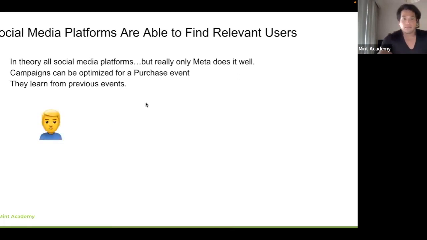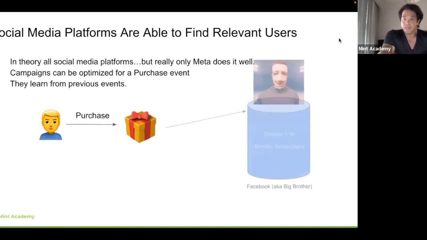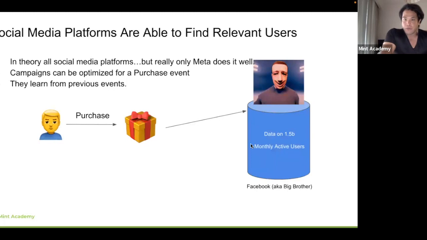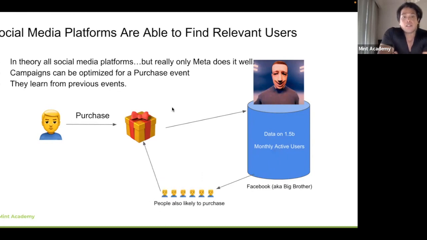So you've got Bob over here, purchases an item. That goes to Big Brother over here on Facebook. They take all of their data on its 1.5 billion monthly active users, find the similar audience, and then that goes into this feedback loop where it's easier to find purchasers because you have more data.